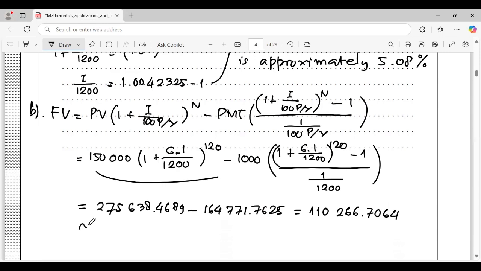Round off becomes 110,266. Sorry, this is 800, not 200. This is 866. $867.